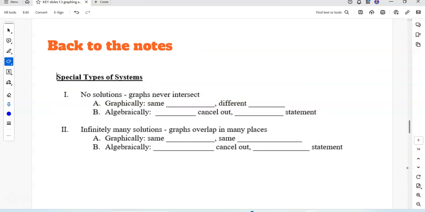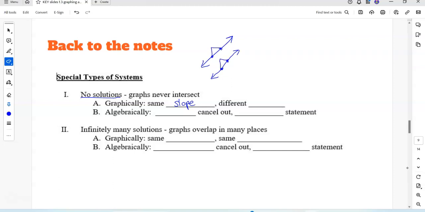I alluded to this on Thursday in class, but special types of systems. There are two special types of systems. One would be no solutions, which would be graphs that never intersect. Okay, if we think about it graphically, they would have the same slope. So if I graph two lines here that have no intersection, they would have the same rise over run.